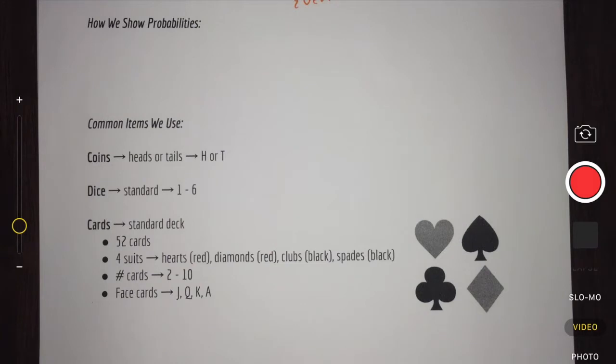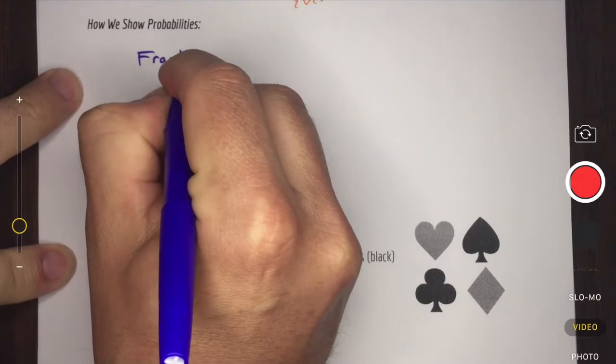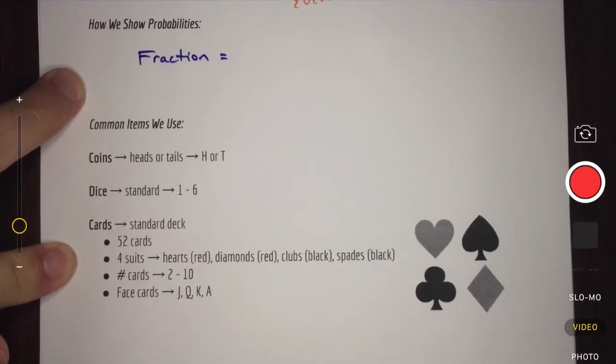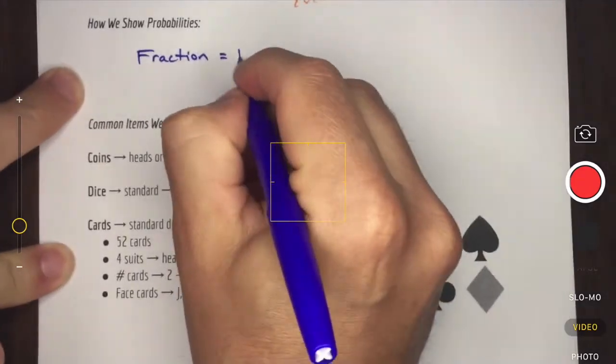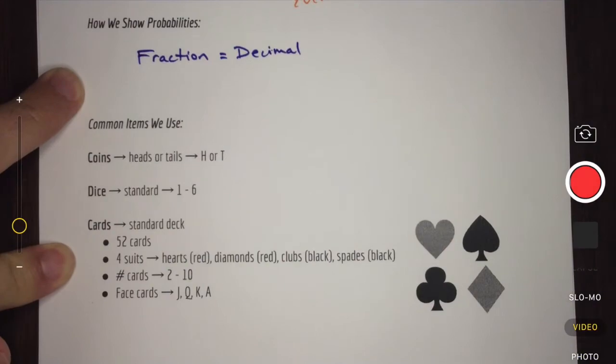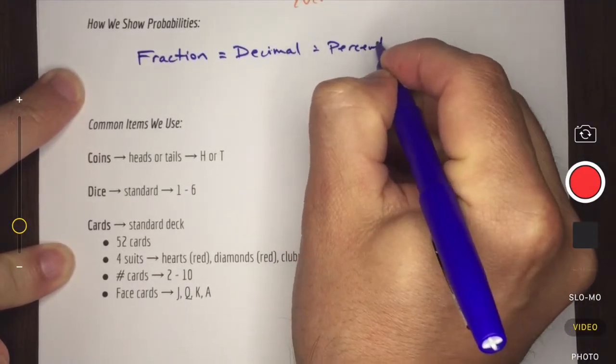When determining and calculating probabilities, or the chances of something happening, we want to make sure that we show these probabilities in 3 different formats. First of all, we always want to set things up as a fraction, and we'll talk a little bit more about that in a moment. Once we have our fraction, we can turn it into a decimal. And after we have our decimal, we can turn that into a percent.